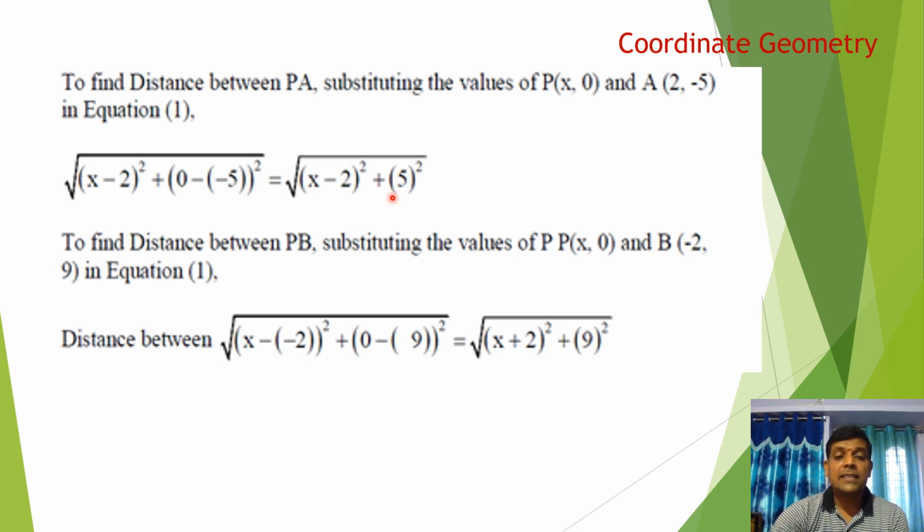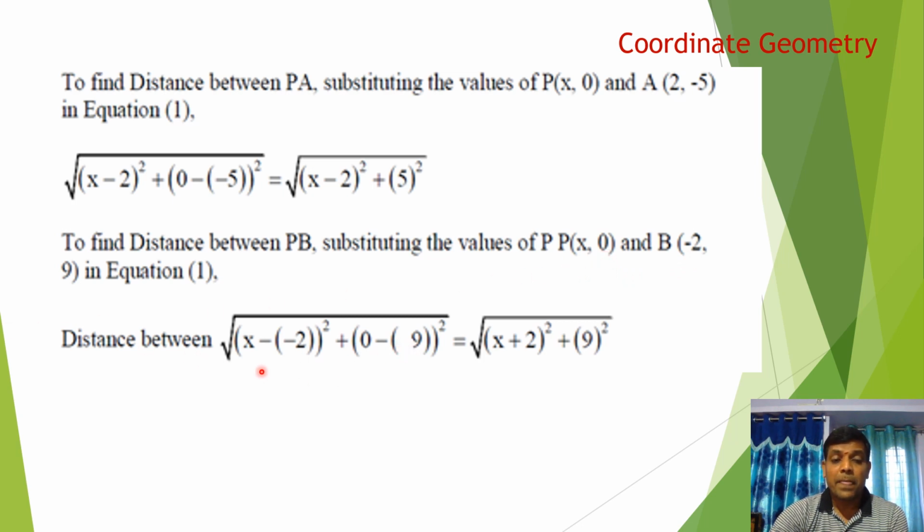And another distance, between P and B. So here P is (x, 0) and B is (-2, 9). Now PB distance is root over (x minus of minus 2) whole square plus (0 minus 9) whole square.